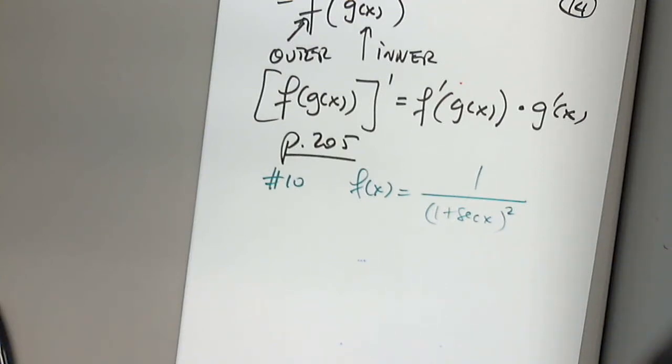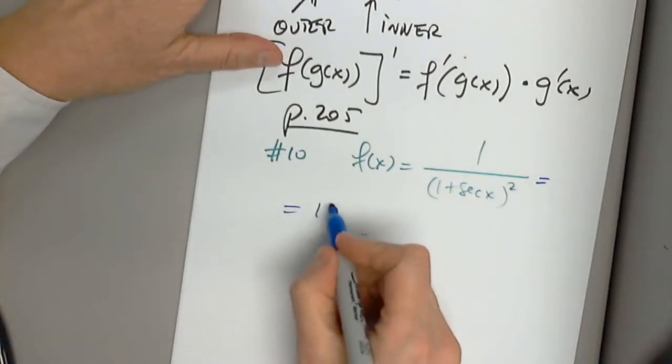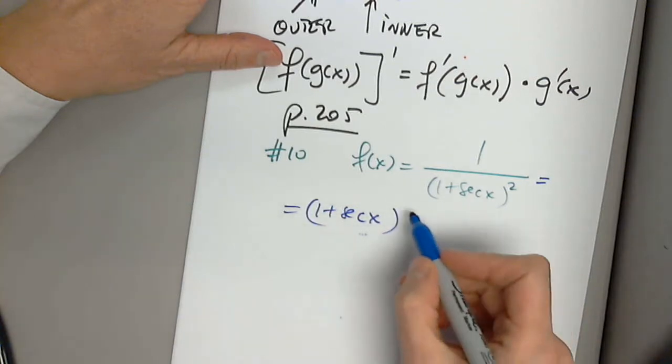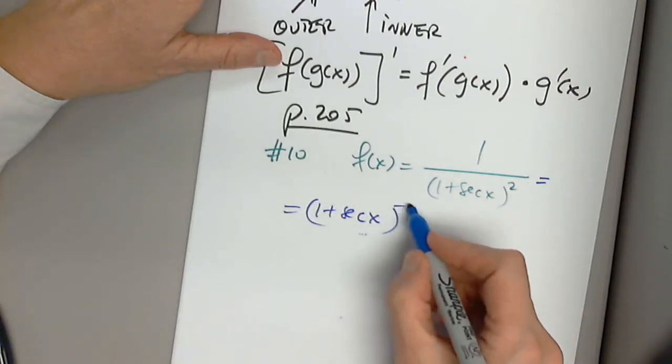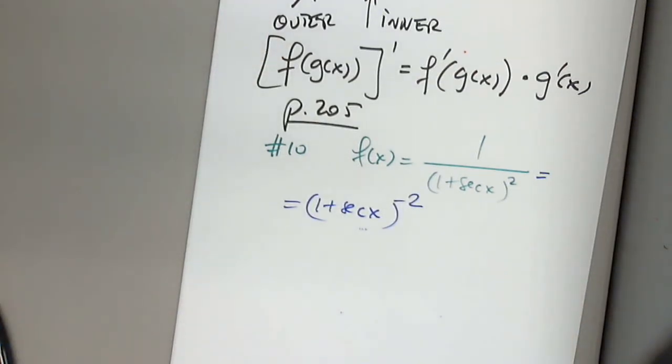I will say yes, but no. Why? Because this is easier. To which power? Excellent. That's what I want to differentiate, not this.